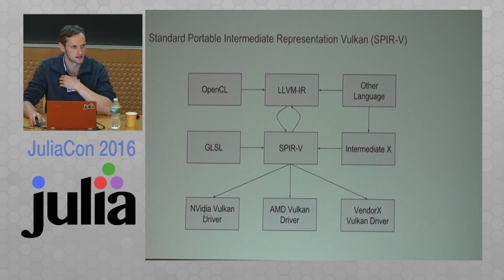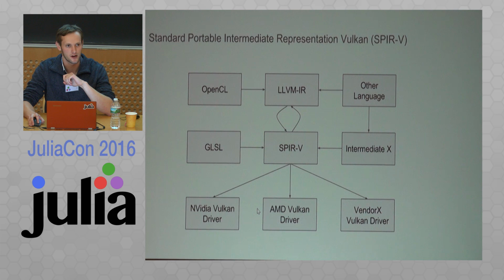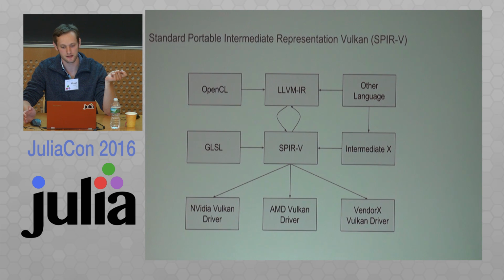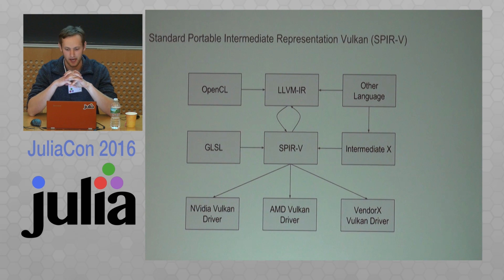Every vendor had to implement their own parser, their own compiler for it, and every vendor did this work. So that wasn't really optimal. How it is nowadays with Vulkan is that Khronos basically wrote a GLSL parser and a compiler to SPIR-V, and then all the vendors only have to write one driver that executes SPIR-V, which takes away a lot of work and makes it a lot easier to have the same behavior in the end.